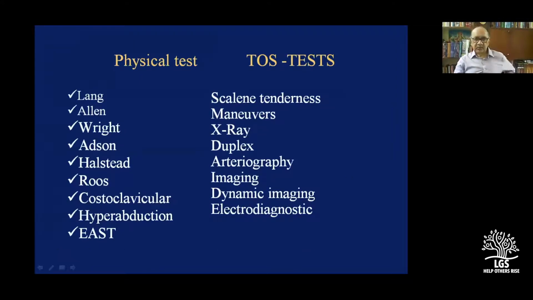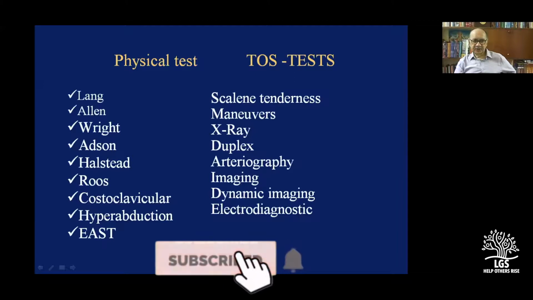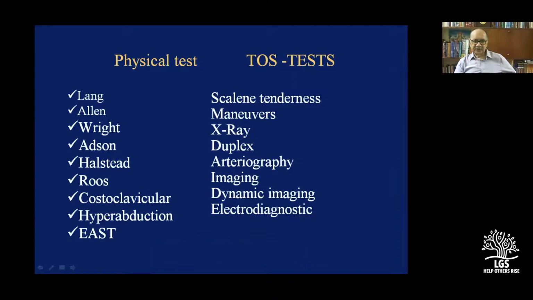Physical tests are plenty, but basically people have suggested Allen, Wright, Adson, Halstead, Roos, costoclavicular tests, hyperabduction and others. They are names of various tests, but basically they are compression of vital structures by muscle contraction. You elicit a contraction of a muscle in a particular way and evaluate what happens in the distal arterial flow or pain.